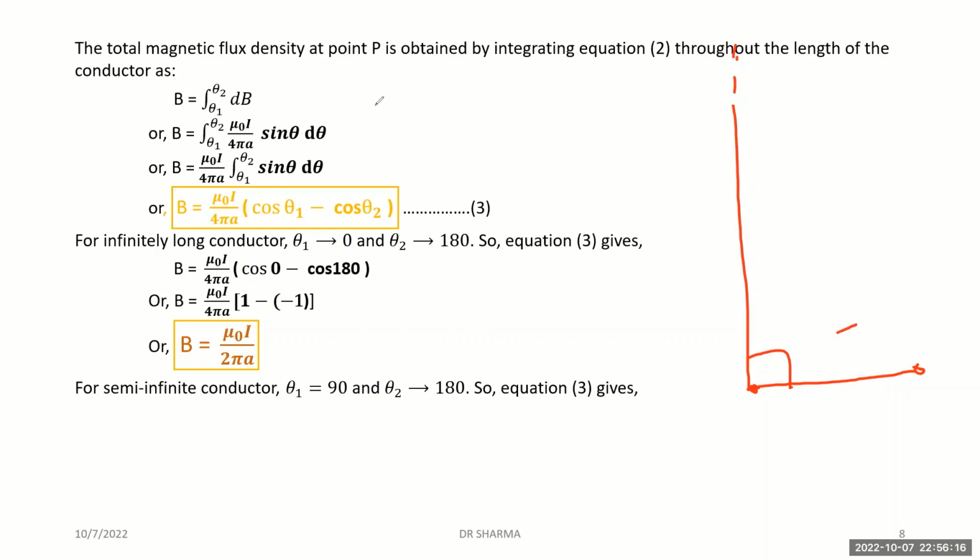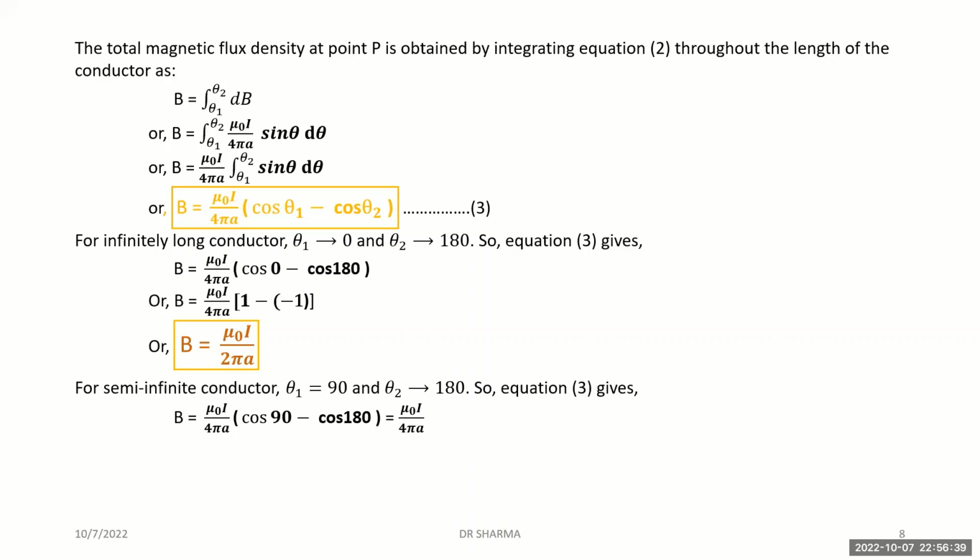In this case, theta 1 is equal to 90 degrees, and as the length of the conductor increases, theta 2 will tend to 180 degrees. If you substitute this value in equation 3, you get B is equal to mu naught I by 4 pi a (cos 90 minus cos 180), which is equal to mu naught I by 4 pi a. Remember these results.